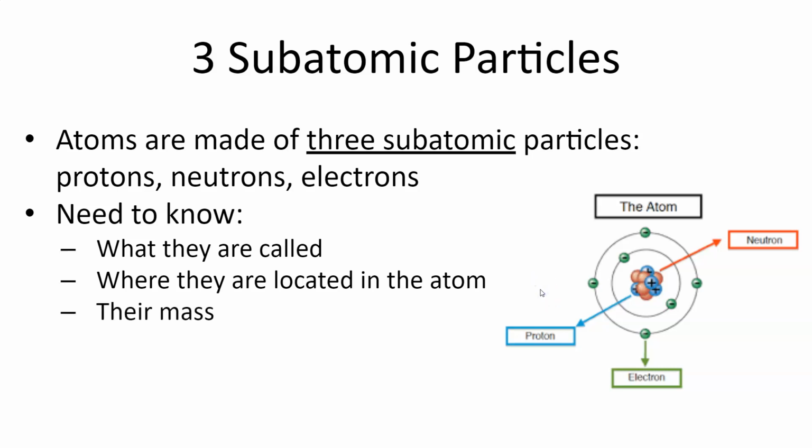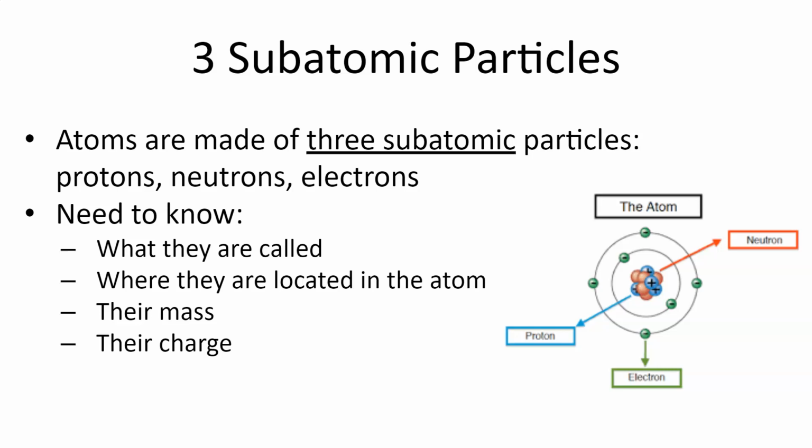You need to know their mass. You need to know their electric charge, right? So these are the 3 main things you need to know in addition to the names: where is the particle located in an atom, what's the mass of that particle, and what's the charge.